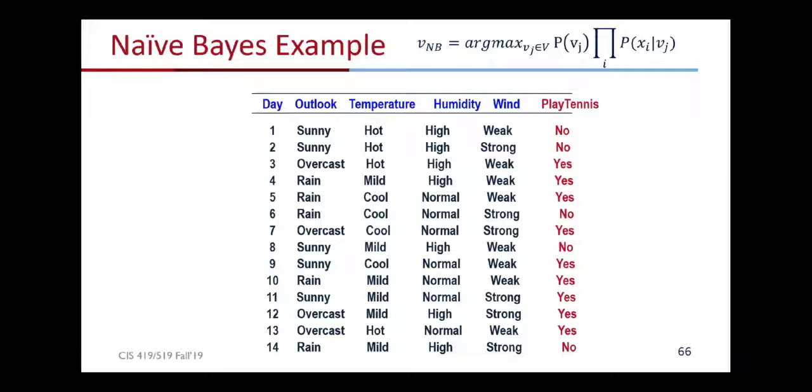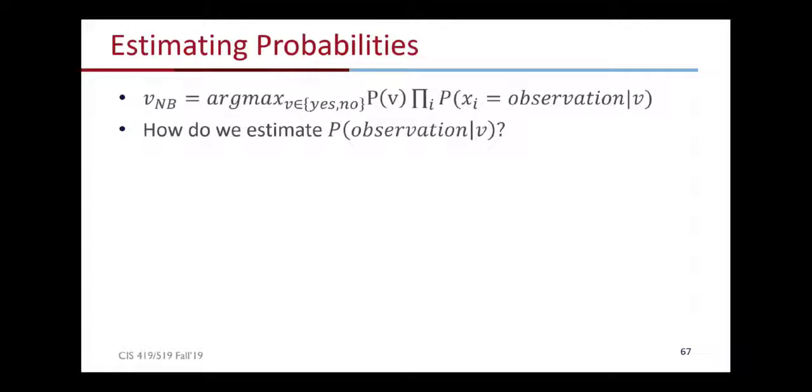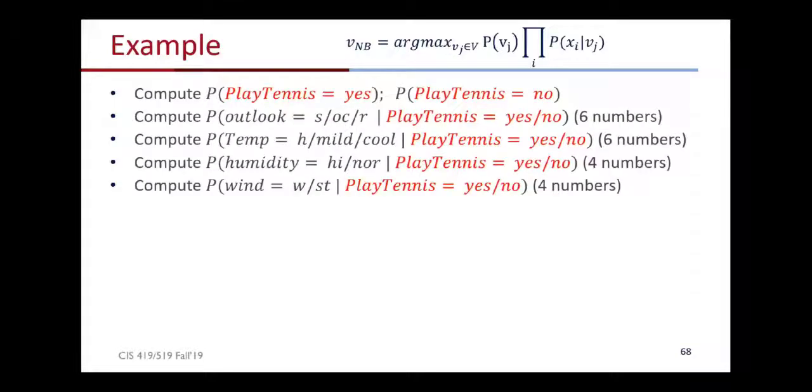So before we had another algorithm. What are we going to do here? Here we want to estimate the probabilities. The first thing we want to estimate is the probability of the observation given V, which, as we said, we decomposed into a bunch of simpler probabilities to estimate.